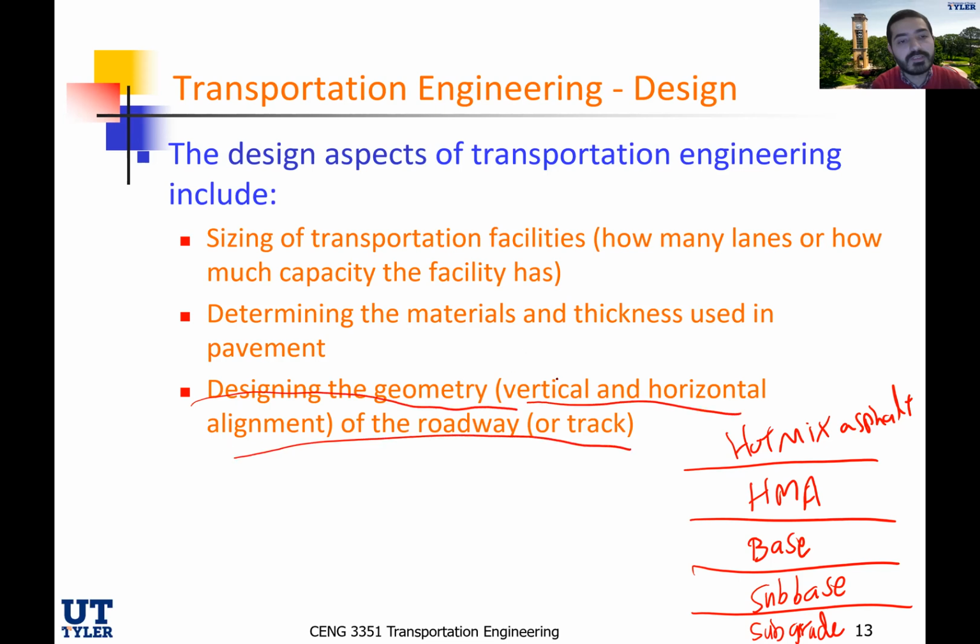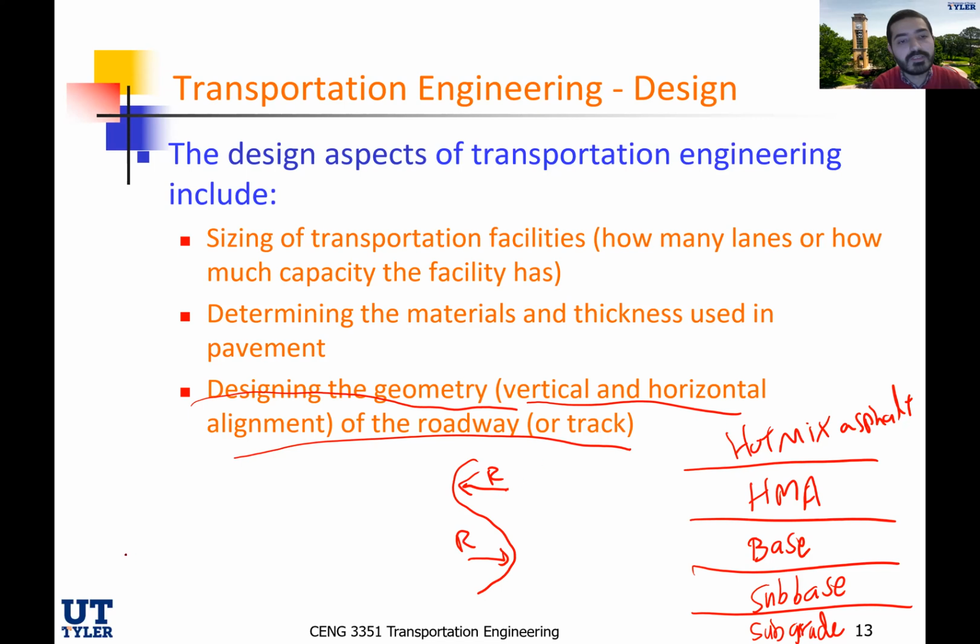We're going to spend quite a bit of time in the next few weeks to talk about vertical and horizontal alignment. For example, horizontal alignment: if you take a look at the roadway from the plan view, roadways are not always straight. So those curvatures, they're going to have certain radii. We're going to design those.